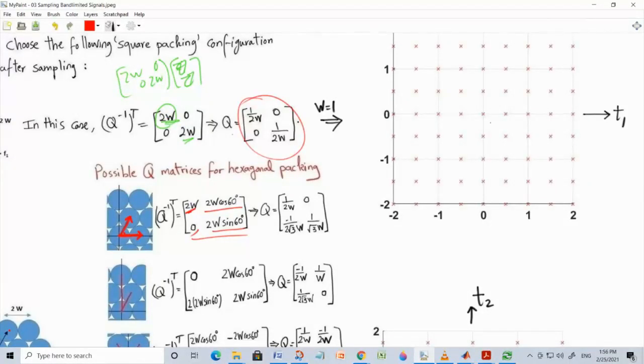This is a very important parameter, because if I can reconstruct my signal using a smaller number of samples, then that's better. More samples is problematic in the sense that more samples means more storage and more processing.